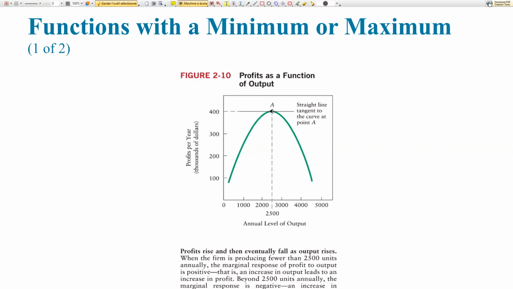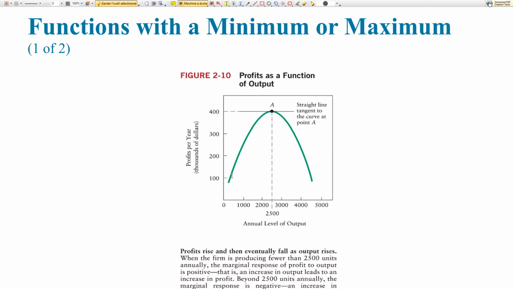If it's a maximum, then the tangent line is positively sloped on one side, and on the other side, negatively sloped.